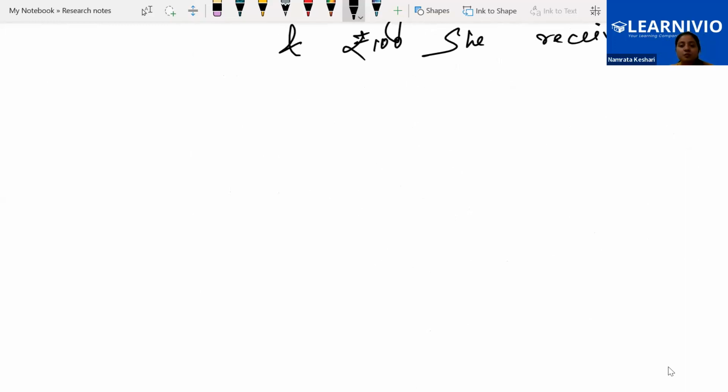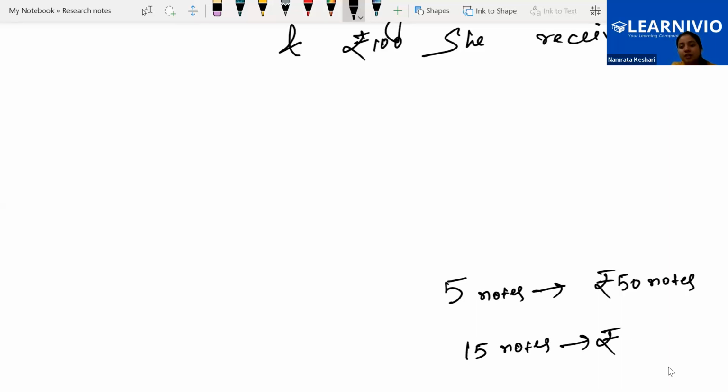You must be clear with this concept that when we are having rupees 50 notes, let me take, we are having five notes. Number of notes is 5, which is of rupees 50 denomination. And there are 15 notes, each being a 100 rupee note.